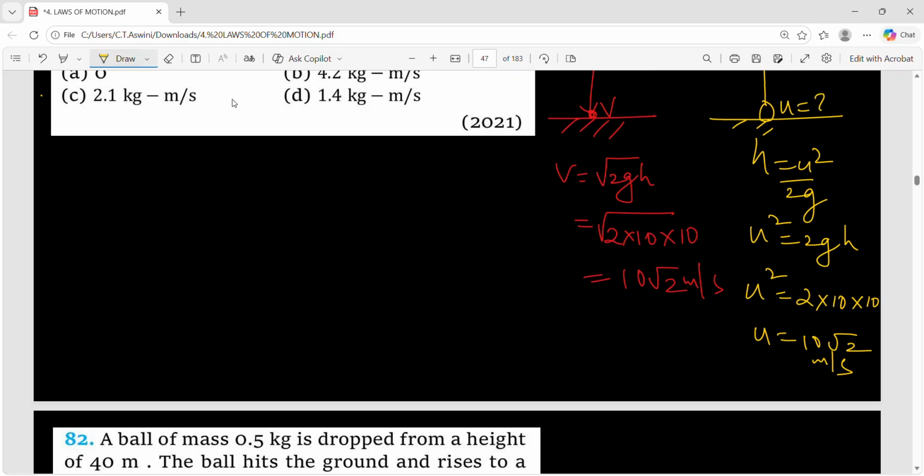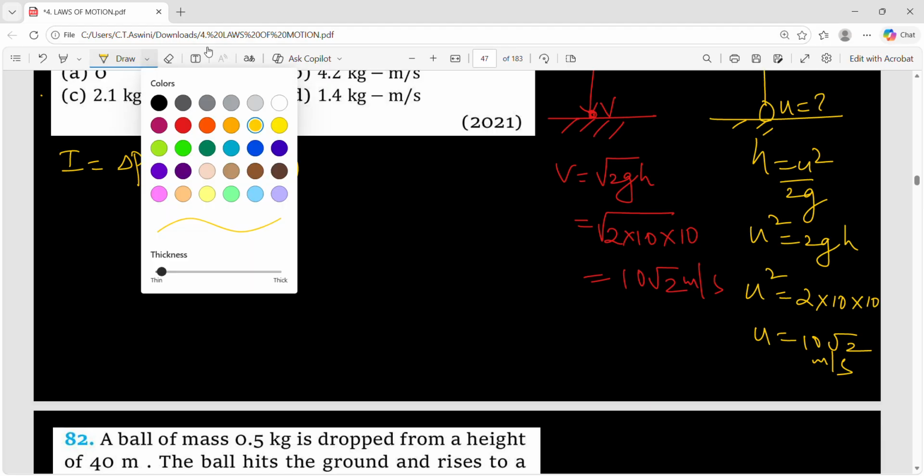Fine. The magnitude of impulse imparted to the ball. You have to calculate the impulse imparted. Impulse is nothing but change in momentum. Change in momentum is m into v minus u. So how will you calculate? M into final velocity minus initial velocity.